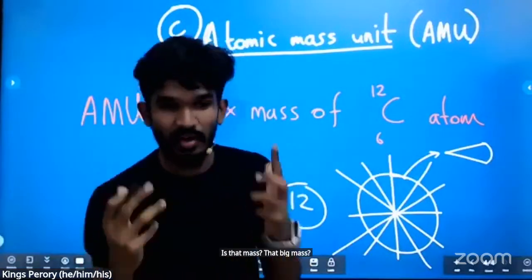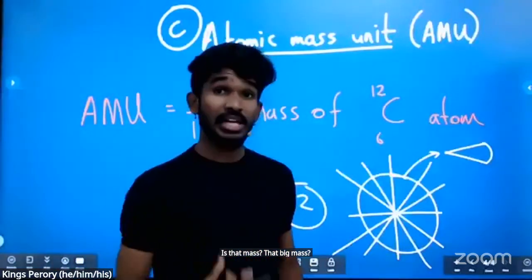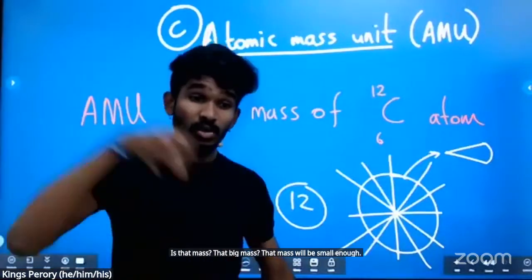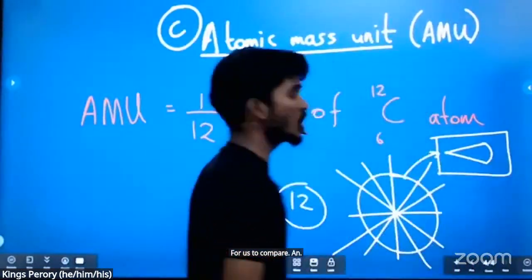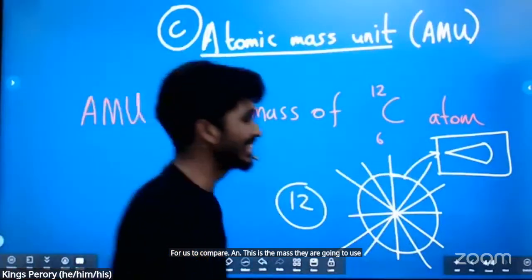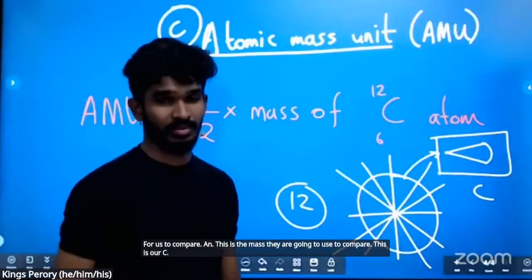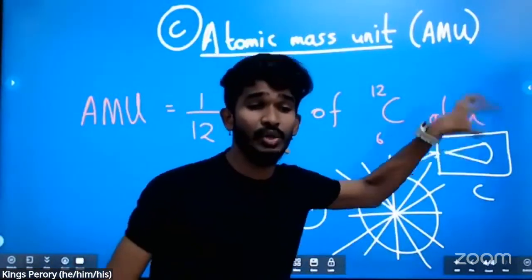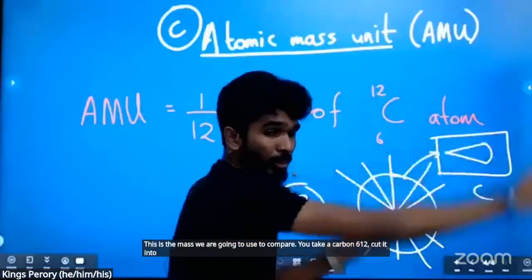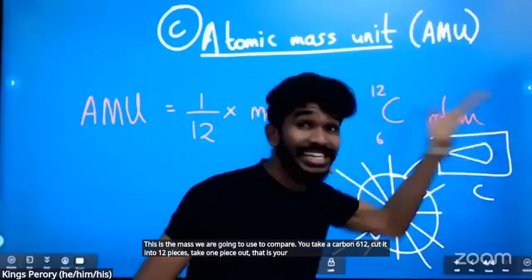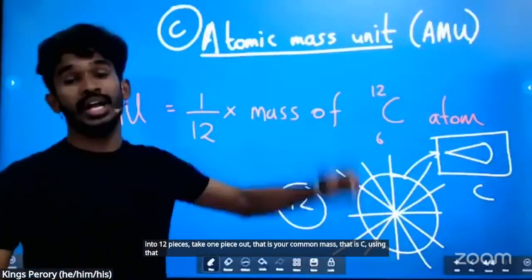No. That mass will be small enough for us to compare. And this is the mass we are going to use to compare. This is our C. You take a carbon-12, cut it into 12 pieces, take one piece out. That is your common mass. That is C. Using that only you are going to compare.